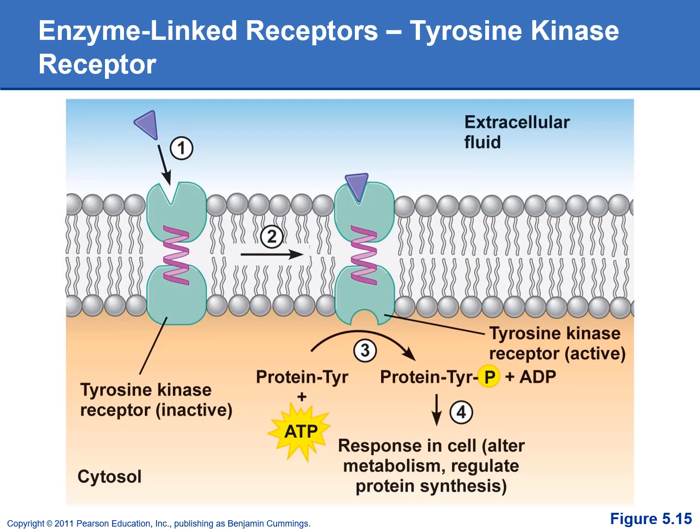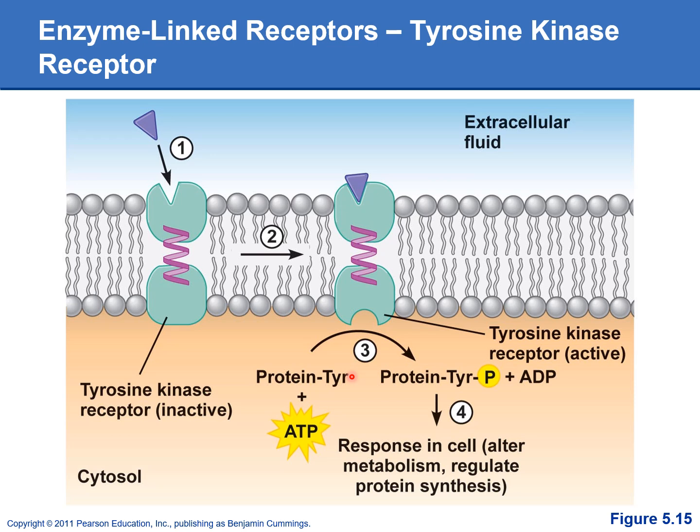So here's an example of an enzyme-linked receptor. So we've got the enzyme here that's in the plasma membrane, and it's turned off right now. But when the hydrophilic messenger binds to the enzyme, it turns this tyrosine kinase enzyme on, and then the enzyme will grab a protein and some ATP. It's going to take a phosphate group off the ATP, and then it's going to phosphorylate this protein.